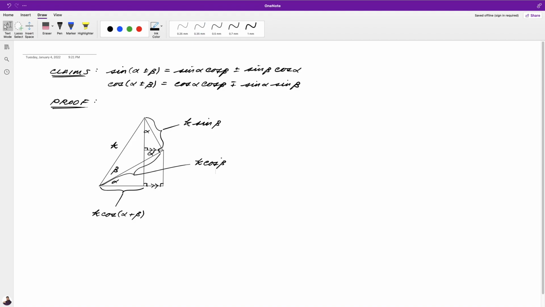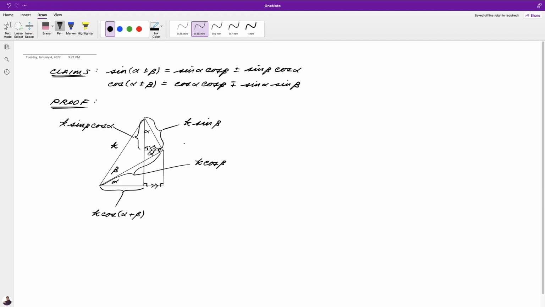Okay, yes, that's correct. Now, this right here is going to be this times the cosine of alpha. Okay, so this is K sine beta, so it's K sine beta and then cosine of alpha.